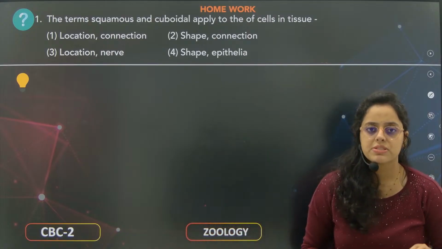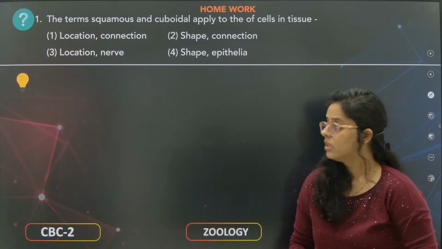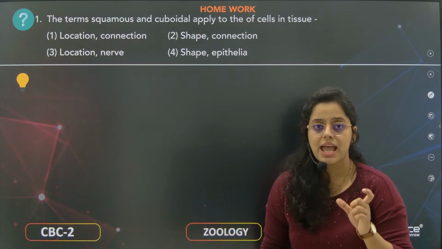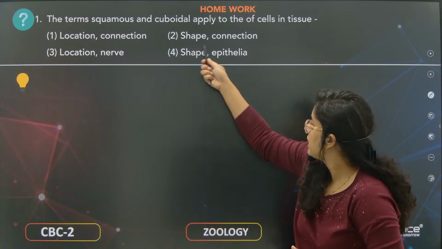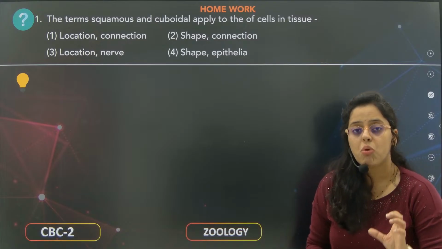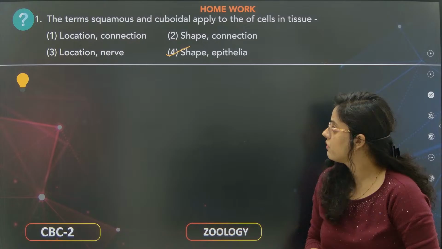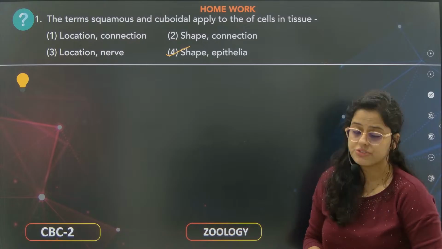The terms squamous and cuboidal apply to the cells in tissue. They have shape, and both squamous and cuboidal are present in the structure. It is because of shape.